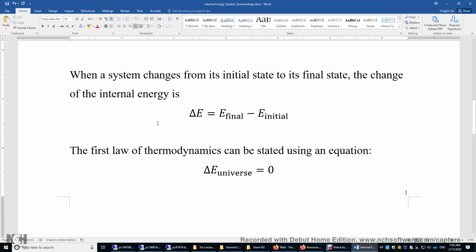The first law of thermodynamics tells us the energy of the universe is conserved. Therefore, we can write this in terms of an equation. The change of the energy of the universe is equal to 0. And this is always true.